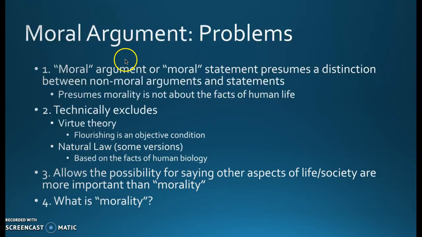Flourishing, which is the key idea of Aristotle's moral theory, is an objective condition. We can tell when someone is flourishing or not. And natural law also relies on facts, so here we would not say that moral statements are separate from the facts of life. Thomas Aquinas would be a prime proponent of the natural law theory.